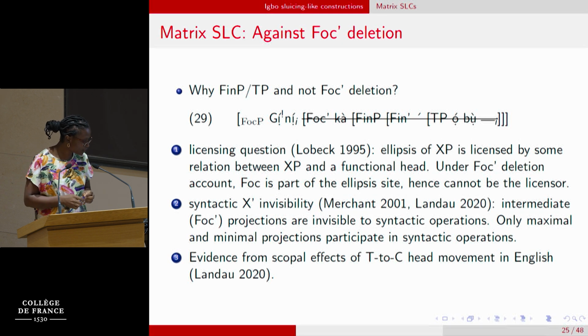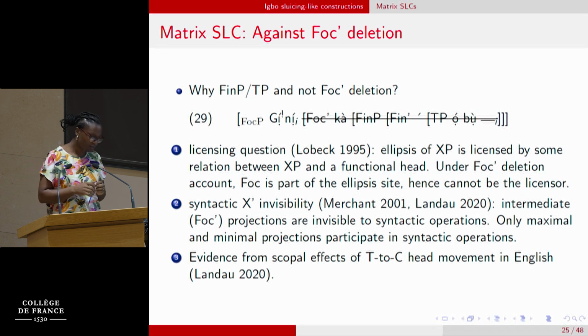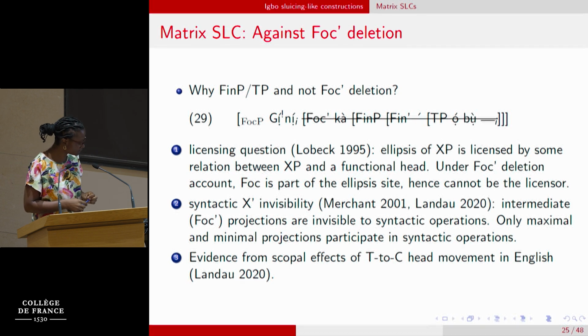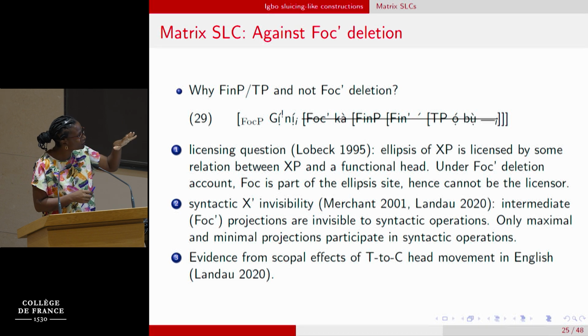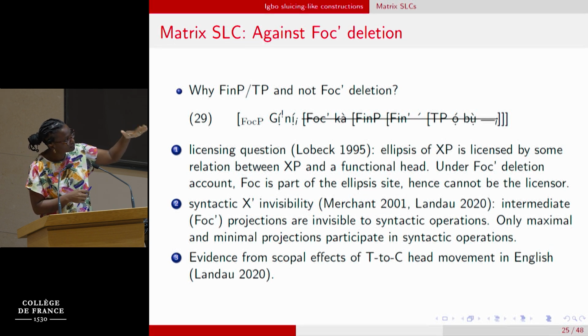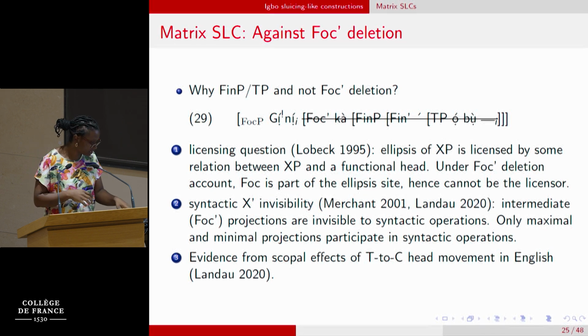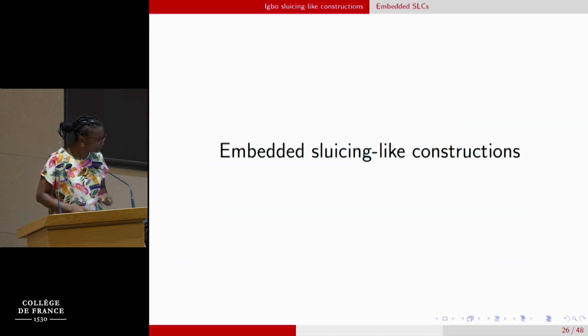The other argument is that of syntactic visibility: usually for syntactic operations, heads or maximal projections participate, but not intermediate positions. And in a more recent study by Landau on English, he showed evidence from some scope effects of T to C in English that it really is the maximal projection TP that is deleted.